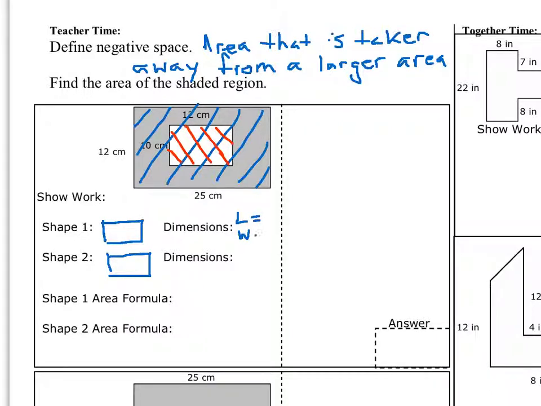If I wanted to find the original area of my cookie before Kendrick came in and took some of it away. Manuel, what were the original dimensions of that cookie? 12 by 25. So we can see my original cookie was a rectangle that was 12 by 25.